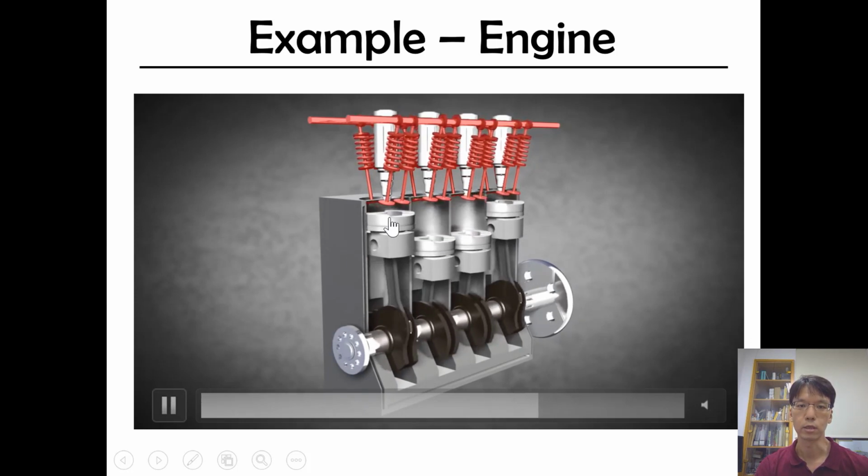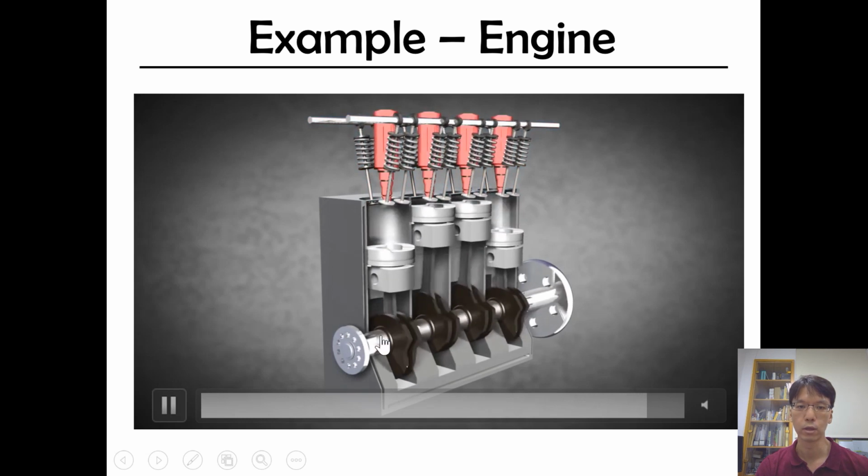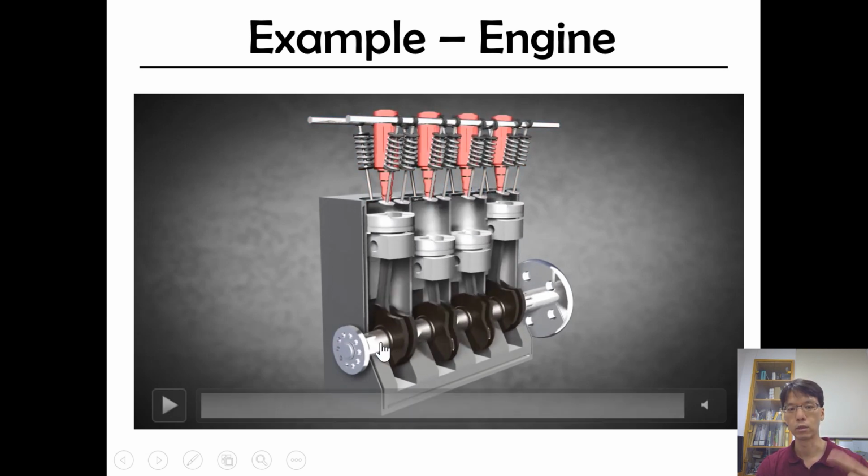The piston is moving up and down, and it's transferring the motion to the shaft. And the shaft is rotating. So this one is also a mechanism. It's transferring the linear motion of the piston into a rotational motion of the shaft.